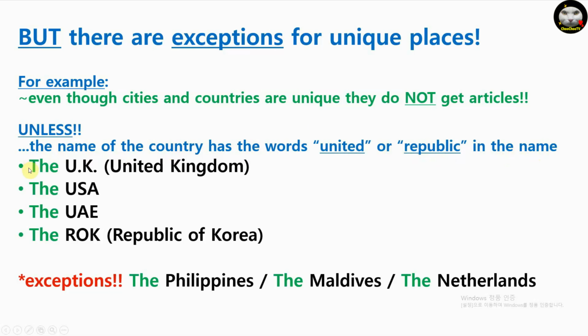So for example, we say the UK because it has the word United, as well as the USA, United States of America, the UAE, United Arab Emirates, and the ROK, Republic of Korea. There are exceptions to this as well. The Philippines, the Maldives, and the Netherlands.